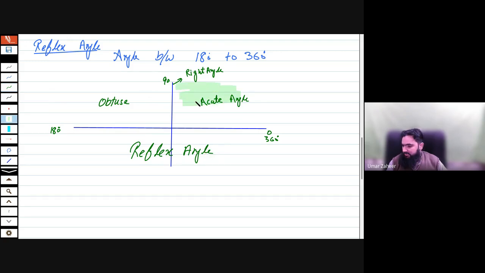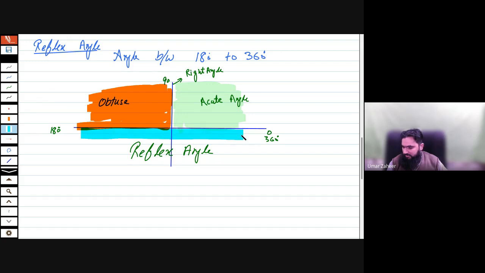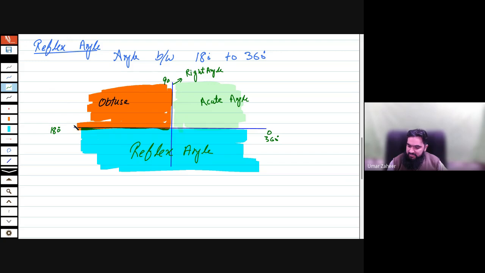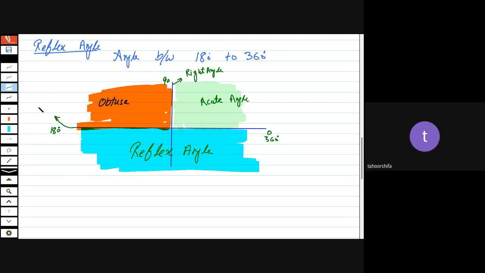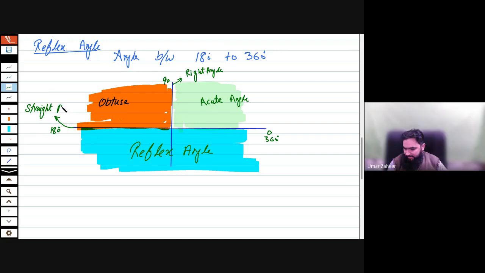So this portion is acute, this portion is obtuse, and this is the reflex one. And the angle that is exactly equal to 180 is known as a straight line or straight angle. That is 180 degrees. Is it clear? Yes, sir.